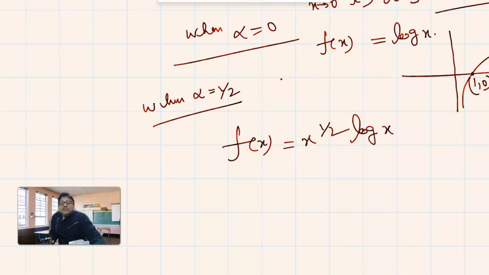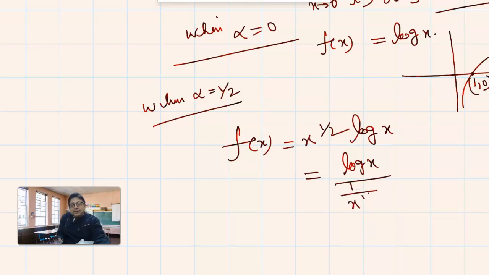The question is, can we express it in an indeterminate form where L'Hopital rule can be used so that you can check continuity and differentiability at x equal to 0? Yes, let us try. You rewrite this as log x divided by 1 by x to the power half.